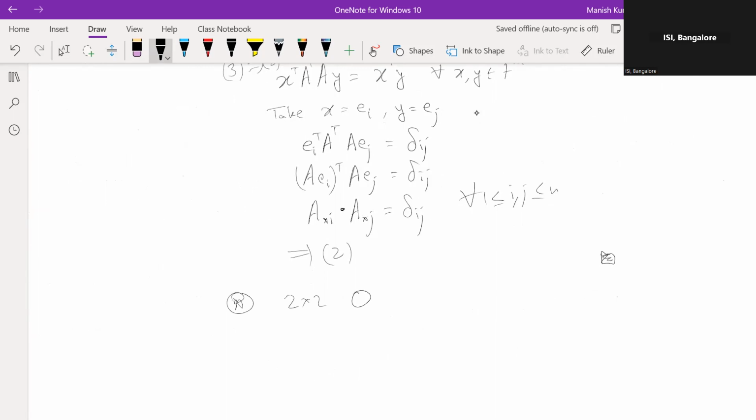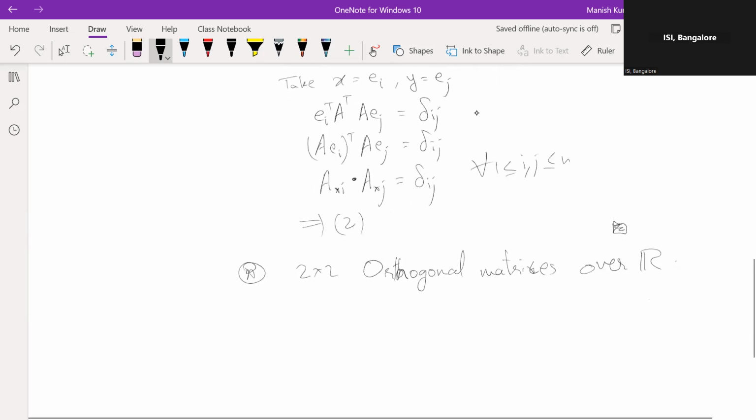2x2 orthogonal matrices over R. So what does it mean?